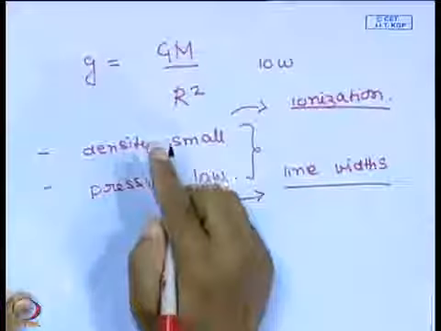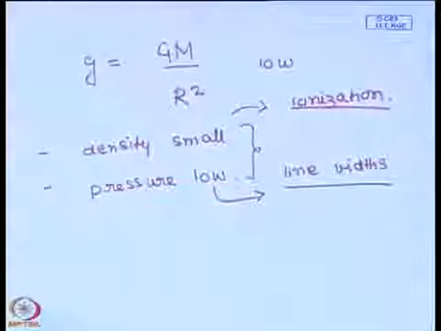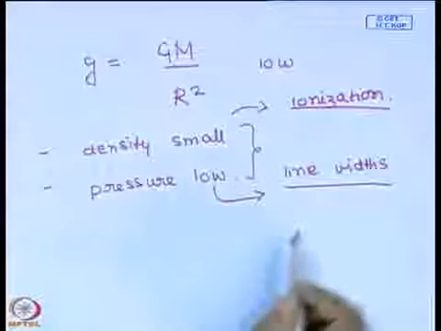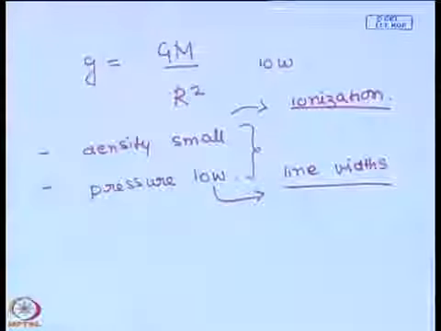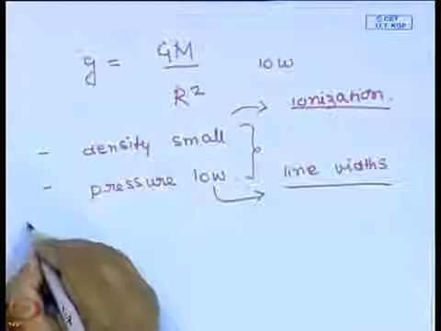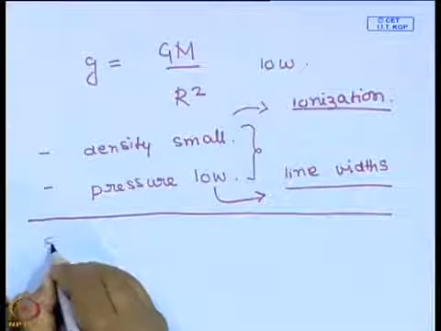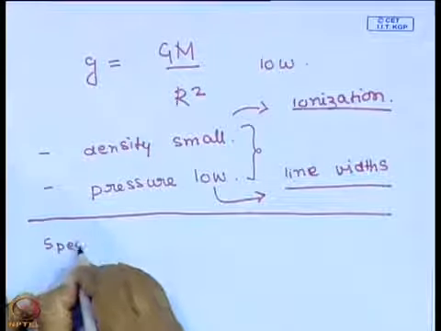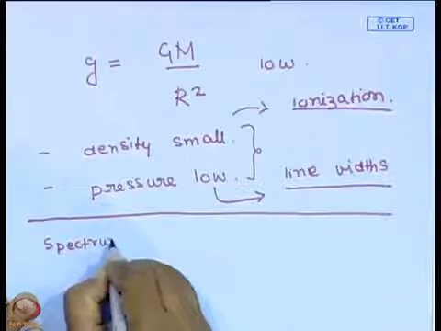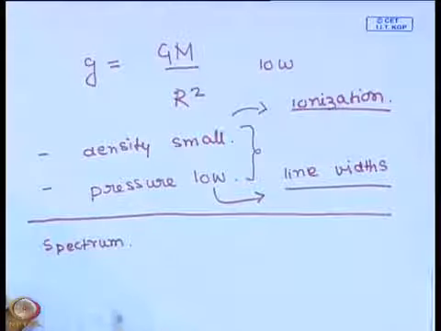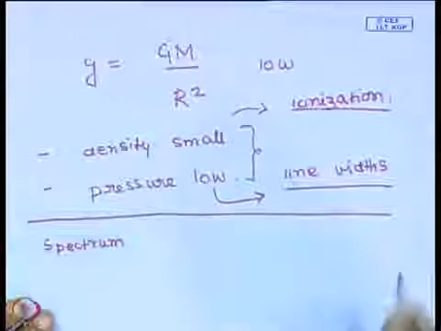So, for these giants you will have narrower lines. Okay, so, the line widths get narrower because pressure is low, and from looking at the spectrum, it is possible to classify a star as a giant, etc.